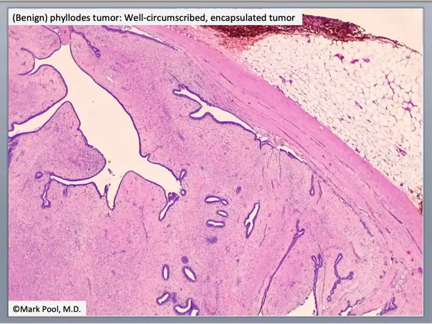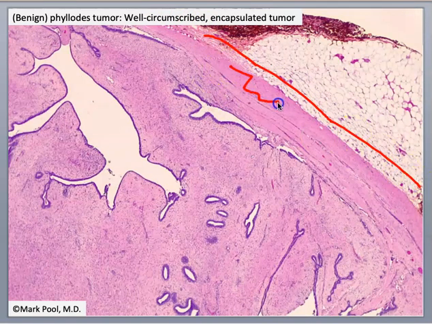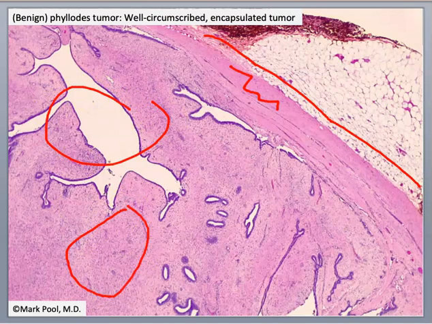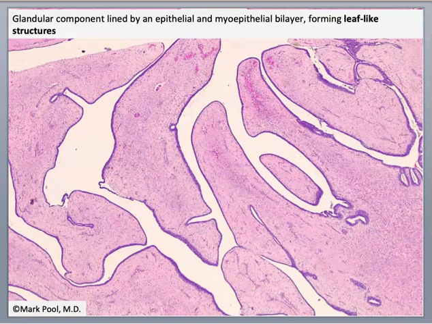So this is an example of a benign phyllodes tumor. Again, note how it's well circumscribed. It has a fibrous pseudocapsule again, and it's still composed of an epithelial component as well as a stromal component. So you have to look for other features at high power to identify a phyllodes tumor.